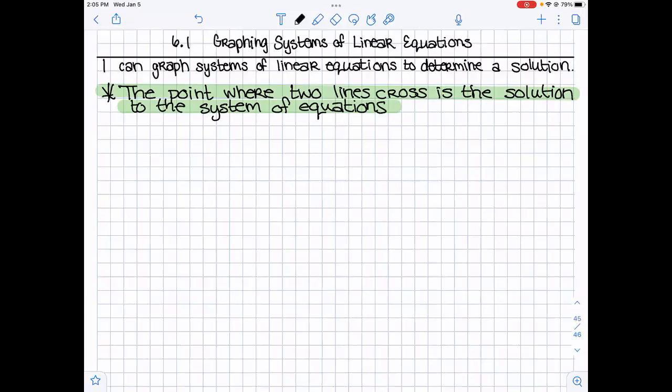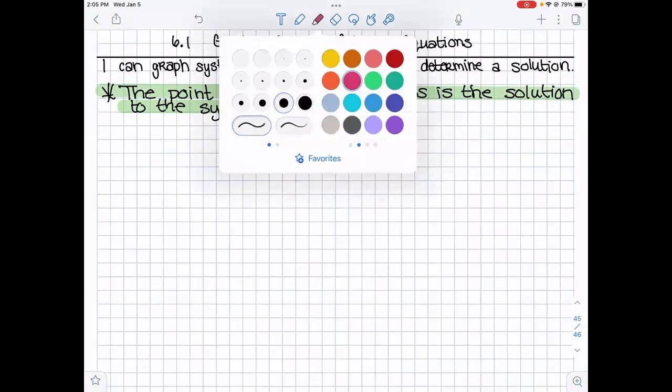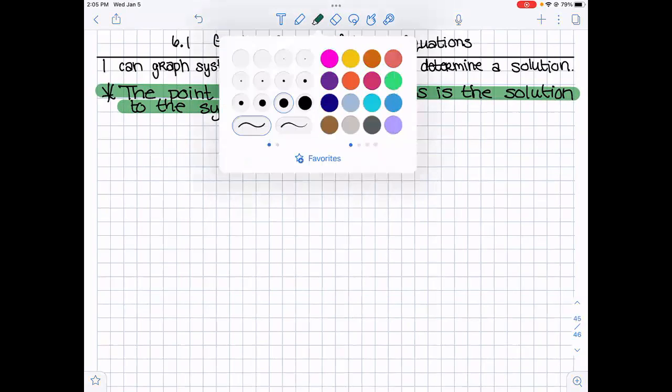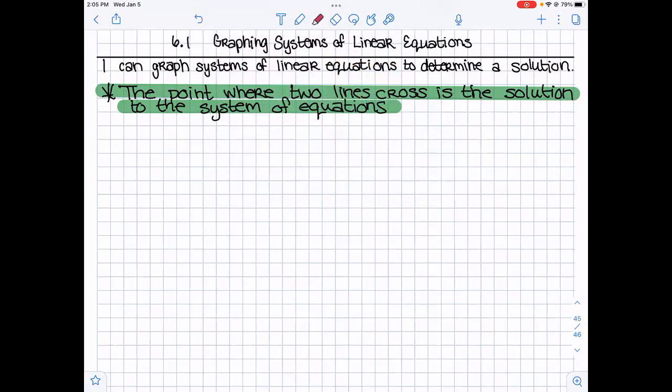And highlight that in green. That's not a very good green. Good luck. So highlight green. That is a rule. There we go. Now it looks green.